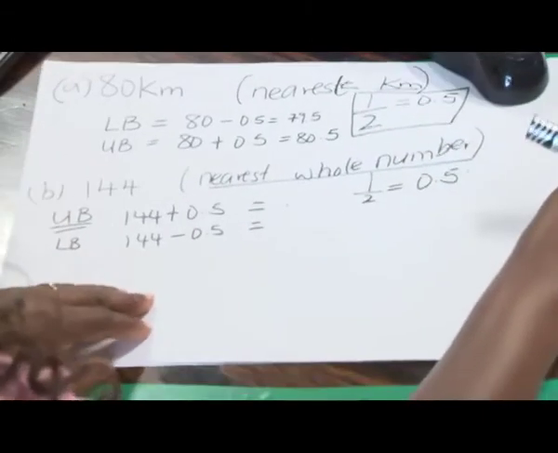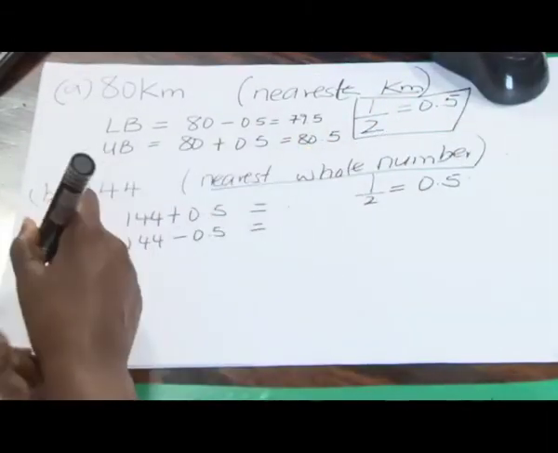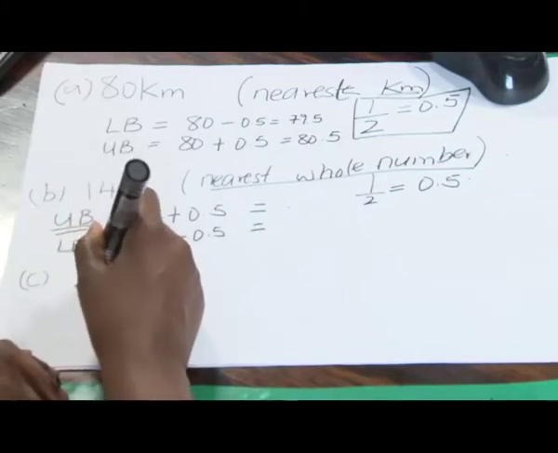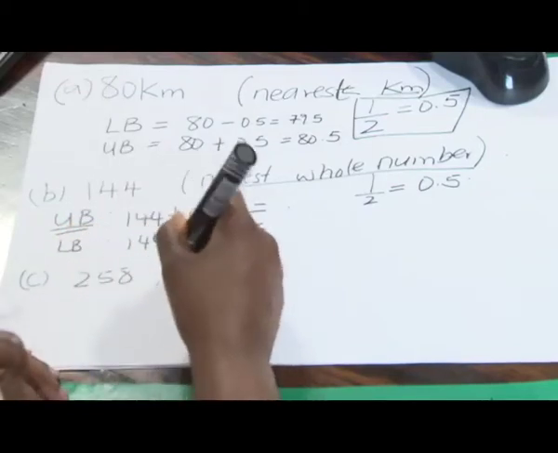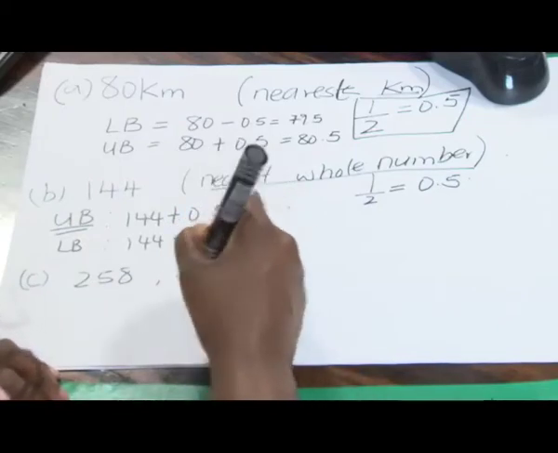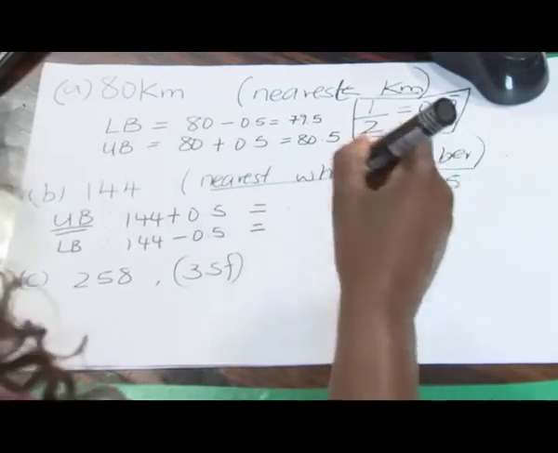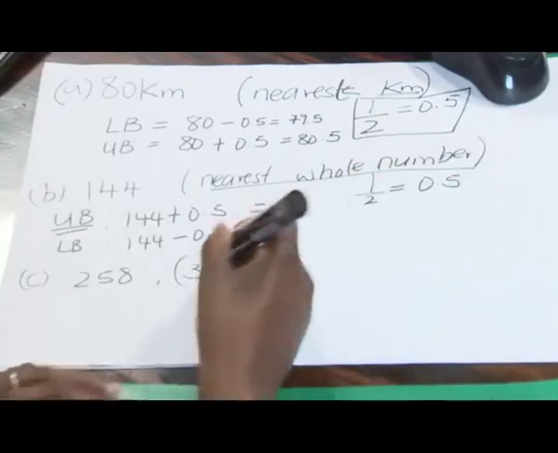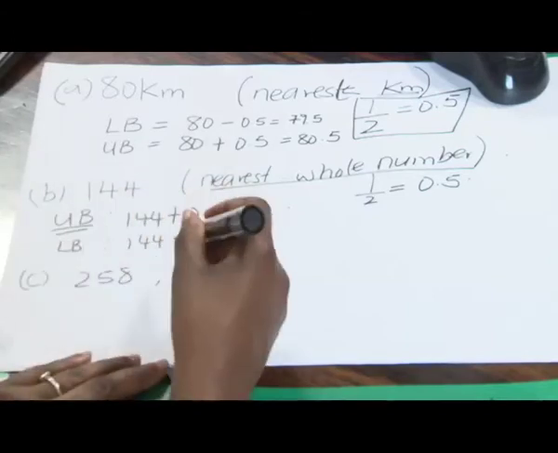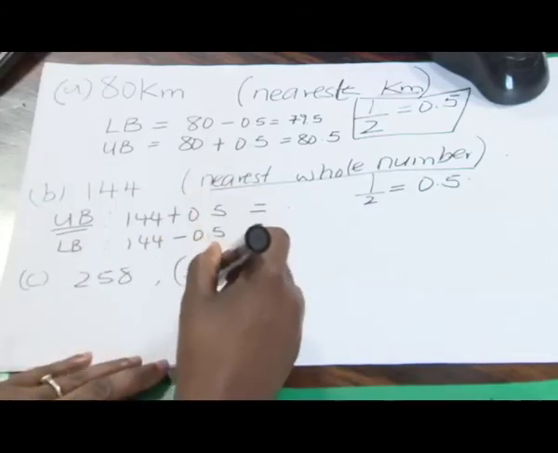Okay? Then the next one, C. How about if it said the number is 258 rounded to 3 significant figures? Find the upper and the lower bound. Now, when it comes to significant figures, it's not exact. It doesn't mean that I have to take 3 and divide by 2.